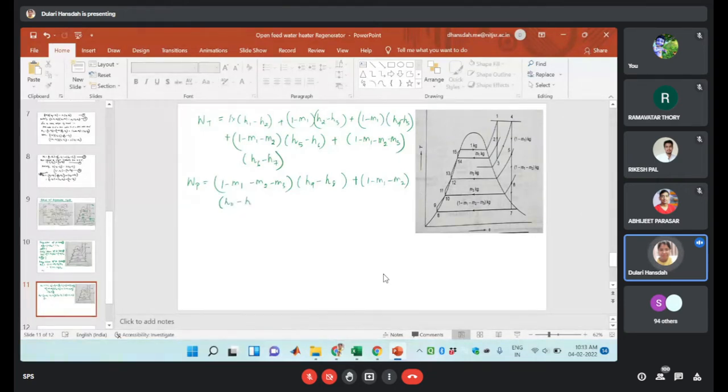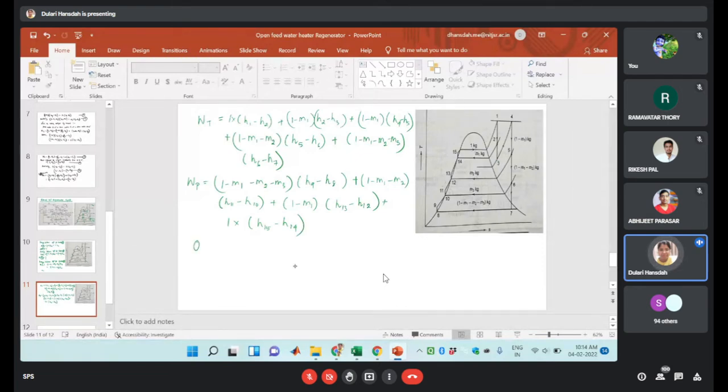Similarly, in case of pump 3, 12 to 13, the mass is 1 minus m1 and the enthalpy change is H13 minus H12. And then we will have pump 4, that process is 14 to 15. In this case, the mass is 1 and the enthalpy change is H15 minus H14. Okay, so this is the pump work.